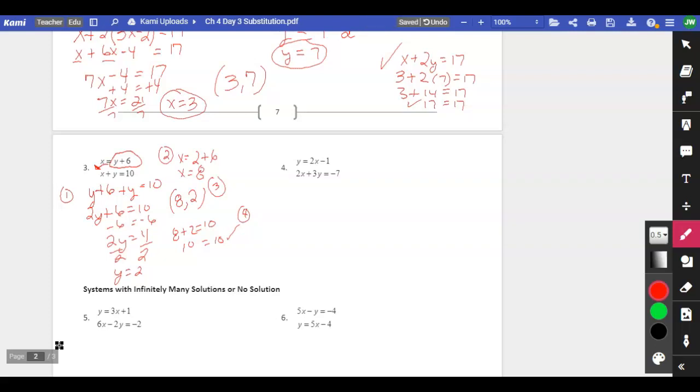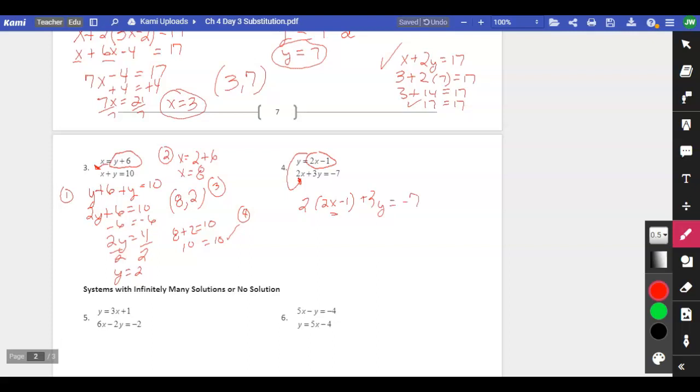Last one. Remember, I'm going to do this one wrong, so don't write this yet. So if I were to do the wrong substitution, when I rewrite this, I have 2 times 2x minus 1 plus 3y. Don't write this.